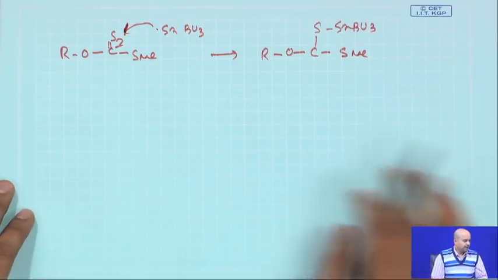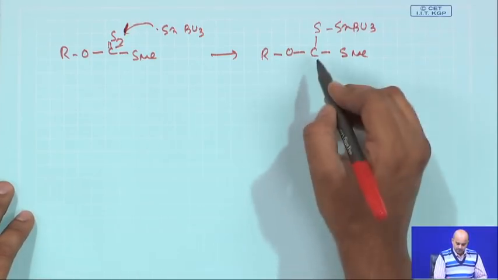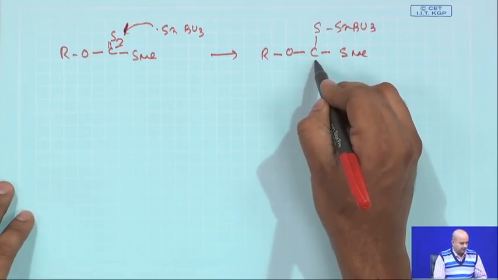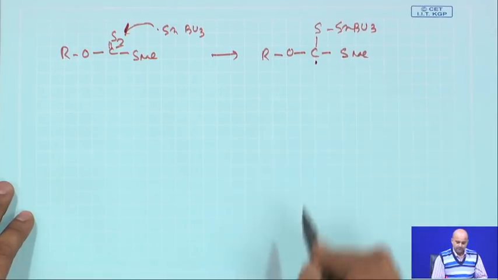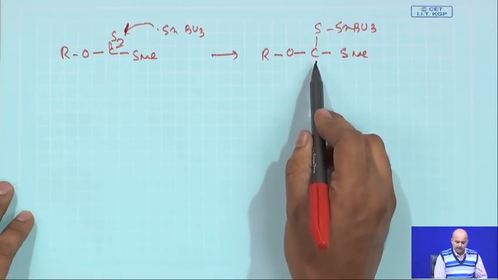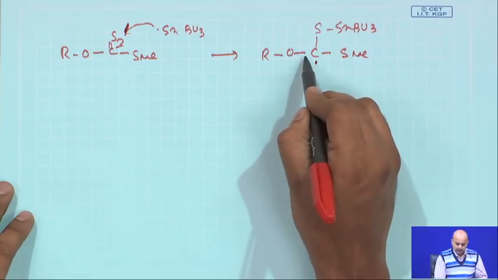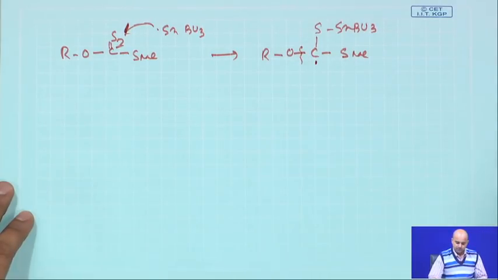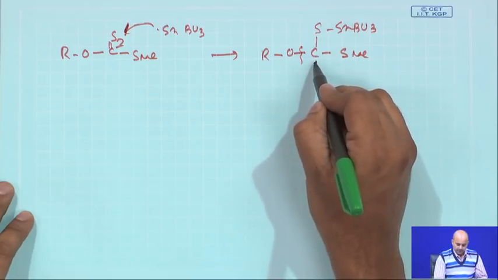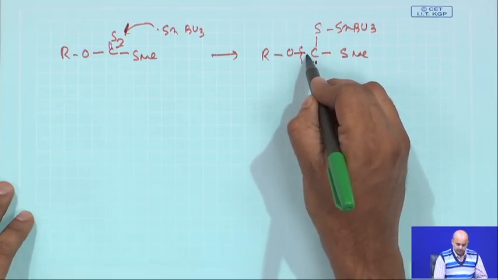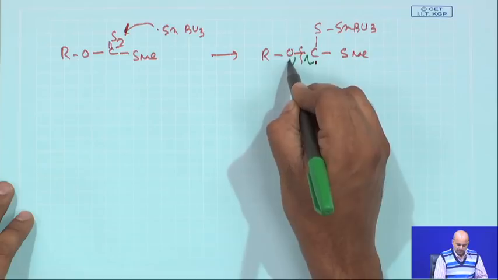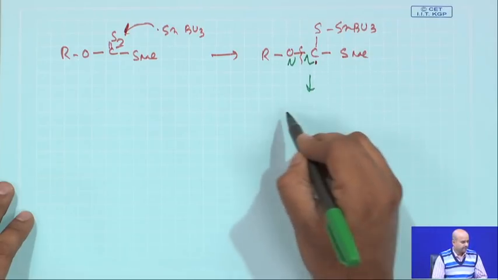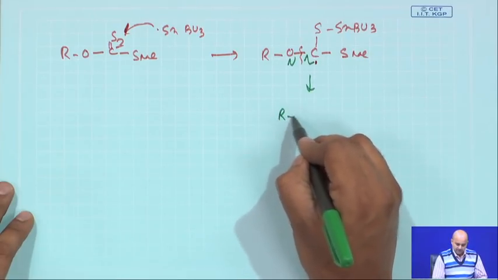Now, this kind of thing is basically putting a radical here. Now, this radical will now have a carbon oxygen bond. So, this heterolytic cleavage will now take place, and you basically have this cleavage.